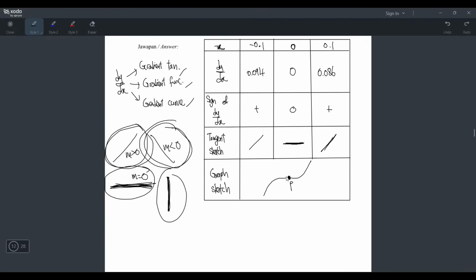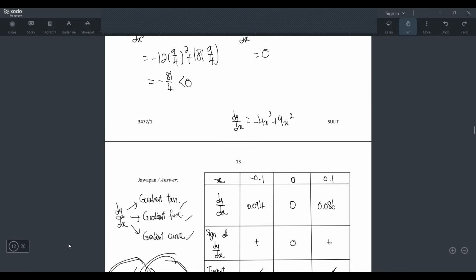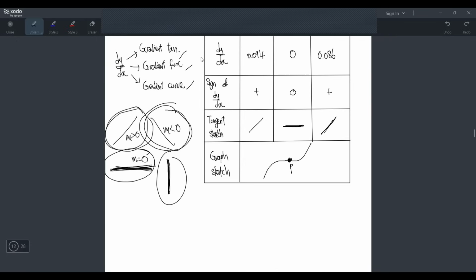There is a point higher than this, and it's not a minimum point because there are other points that are lower. So we can't call it maximum and we cannot call it minimum. Then what do we call it? There's a name for this. We call it the inflection point, right?